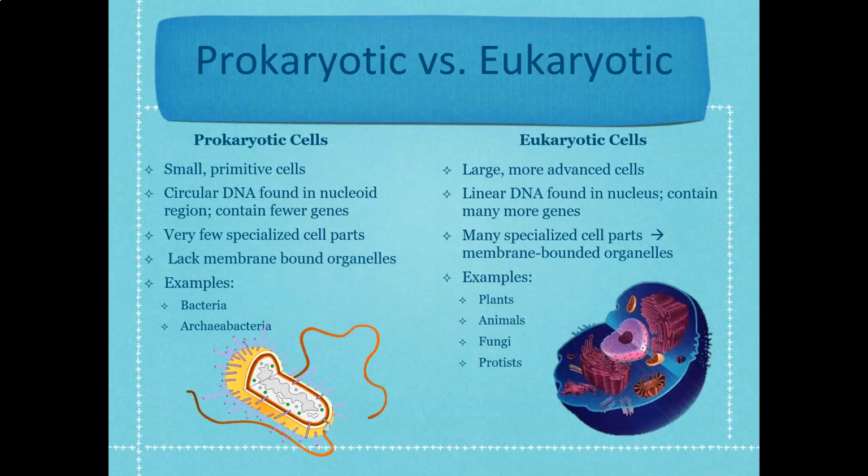The last thing I want to talk about here is the difference between their genetic structure and the way that their DNA is organized. So when we look at your prokaryotic cells, it's circular and is centralized in that nucleoid region there in the center, right? So remember, this is that nucleoid region right here.